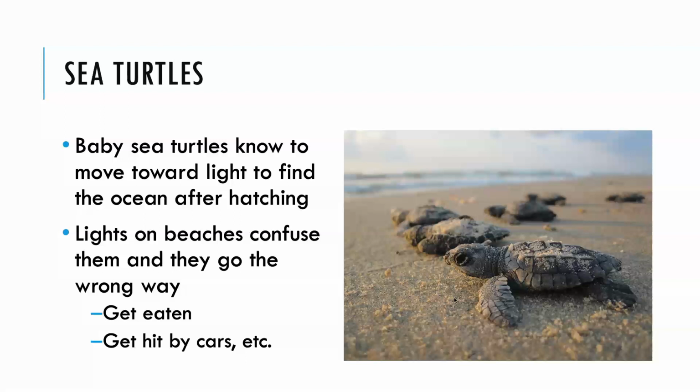They're more likely to get eaten by predators. They're more likely to be stepped on and hit by cars and just fall victim to mechanical distress because they're not in the water. And this is a consistent problem. If you read about some sea turtle protection laws, a lot of them involve just not putting lights on beaches that are used by sea turtles for nesting.